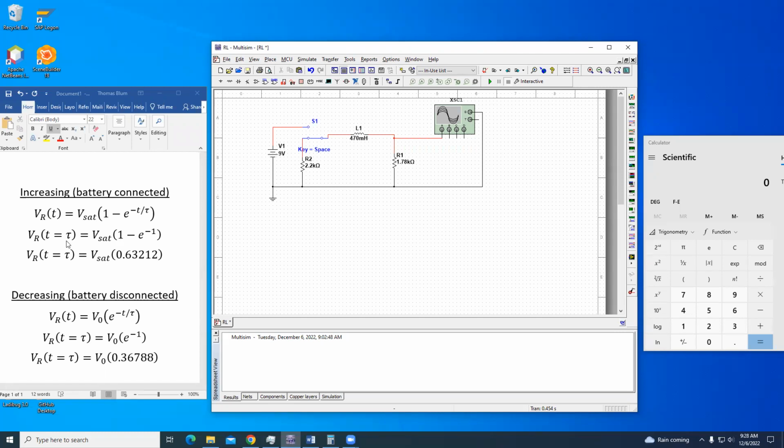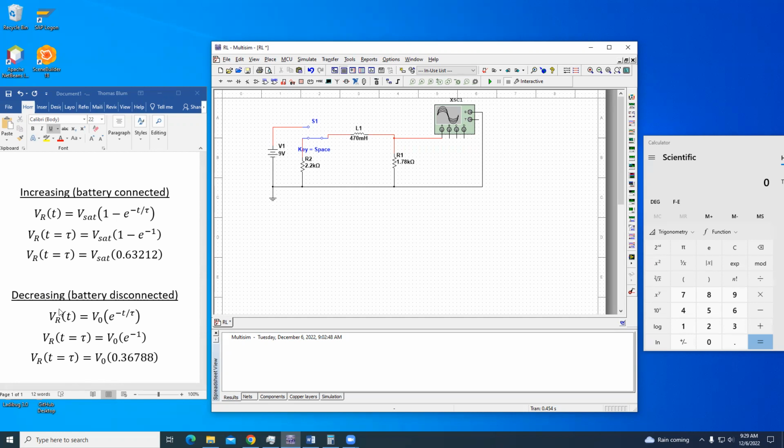We're going to be interested in our simulation in finding what we call the time constant tau. If the variable time is equal to 1 time constant, then we are up to, I'm going to call it, 63% of the voltage we're going up to, the saturation voltage, which in this case will be the 9.